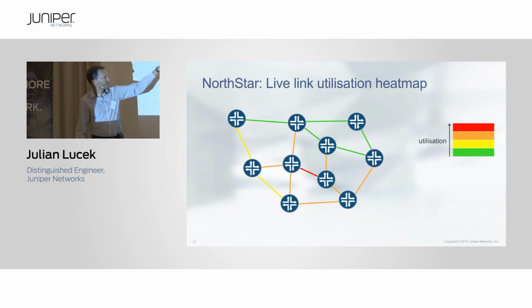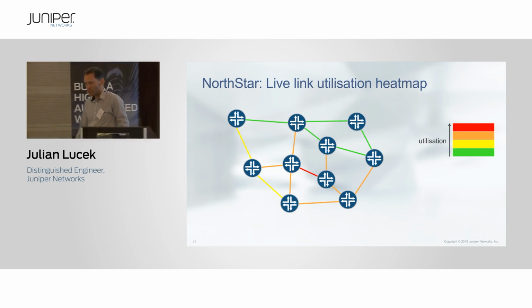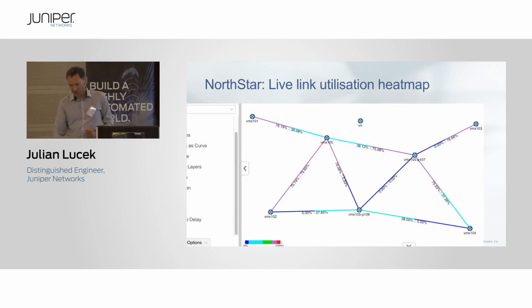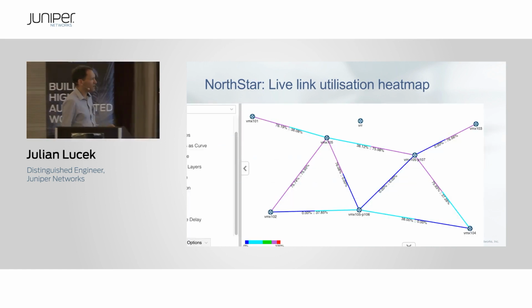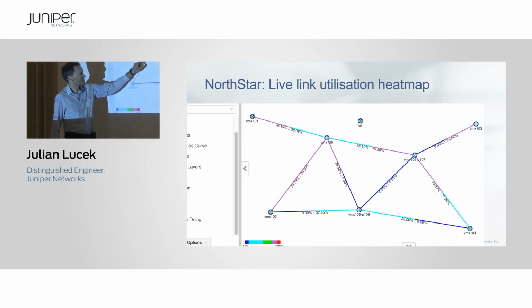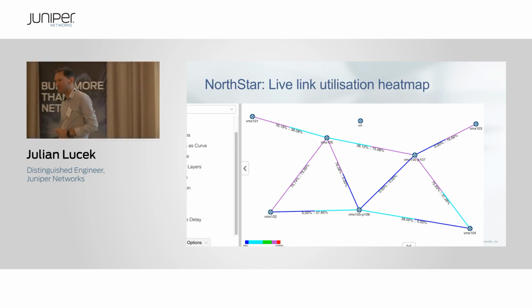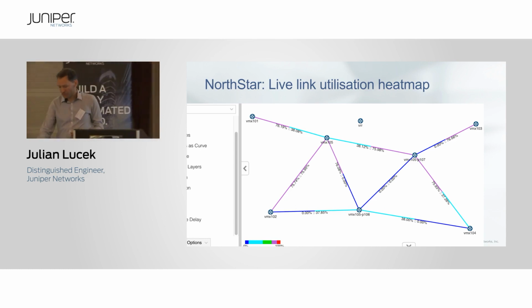These ones are moderate, and the ones in the top right are fairly quiet in comparison. This is a screenshot from the actual GUI, and as well as showing colours, it reports the percentages. This is the percentage traffic load in each direction. In this case it's about 75% in each direction between these two routers.